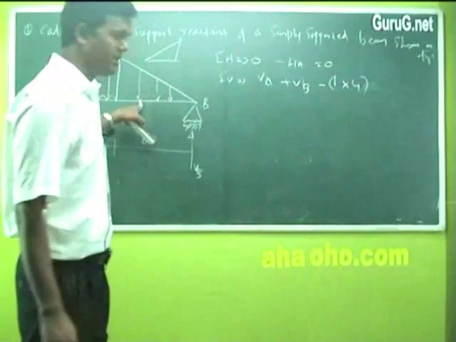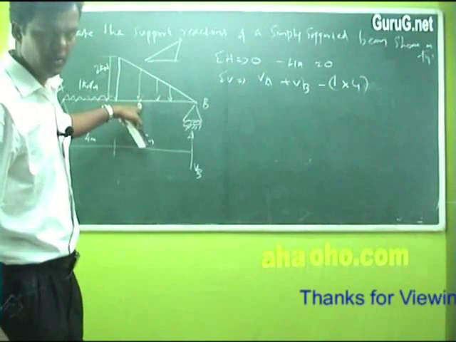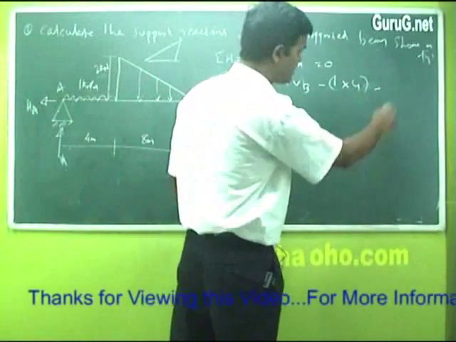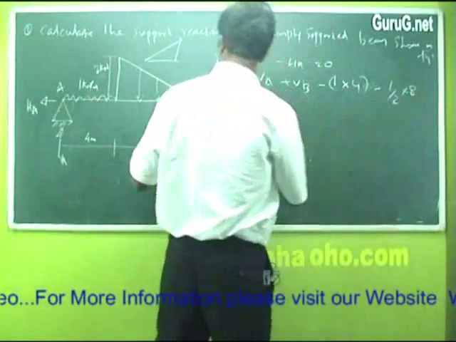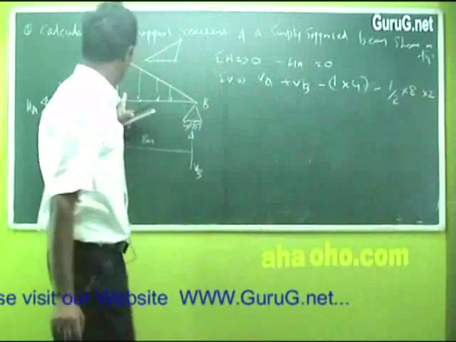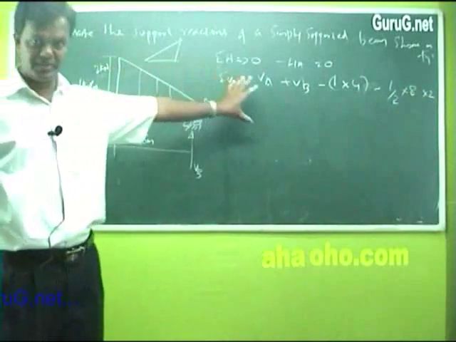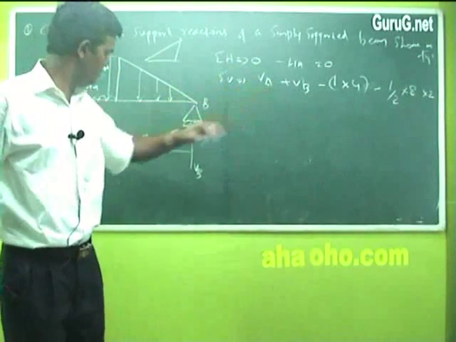Again, in this UVL, uniformly varying load, you have again minus, the total load is half into B into H, B is the breadth, H is the height, it's 2. Clear? We have converted this sketch into the previous sketches I have written. Here I am showing the vertical load alone.